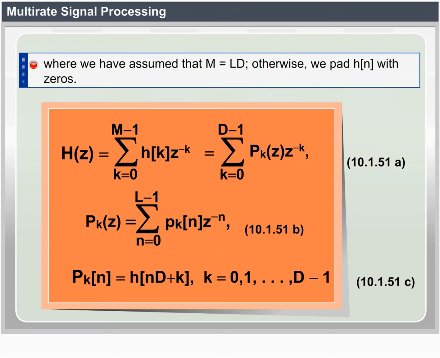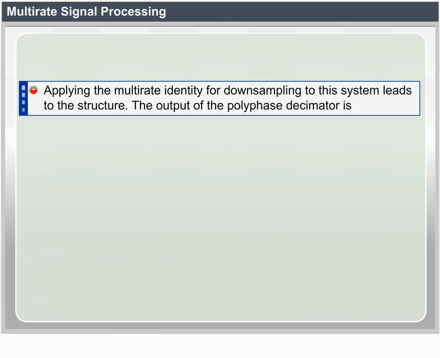Applying the multirate identity for downsampling to the system leads to the structure.